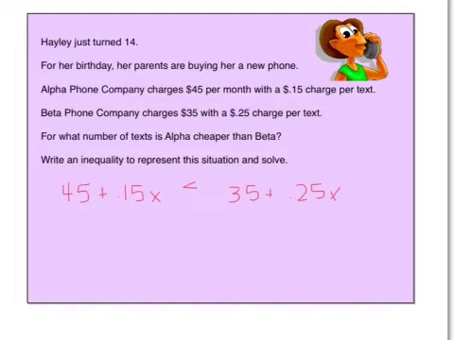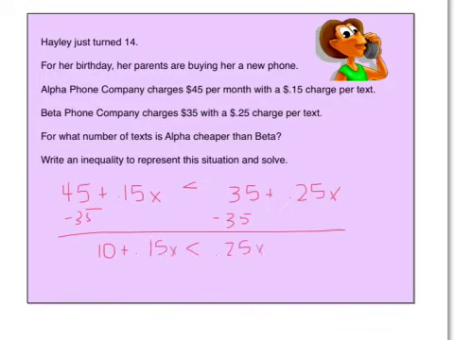So here's our inequality, because we want to know when the one on the left is less than the one on the right. So now we're going to go ahead and solve. I'm going to subtract 35 from both sides, which gives me 10 plus 0.15x is less than 0.25x. So we get 10 is less than, I'm going to subtract 0.15x, 0.10x, divide by 0.10.